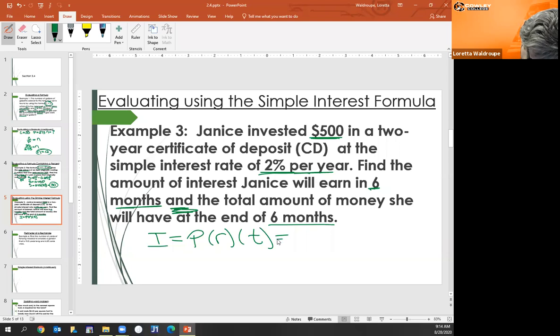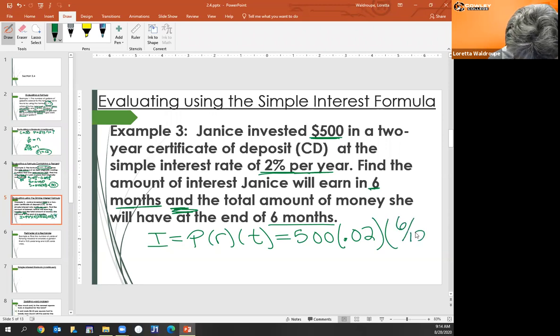So my principal is how much I invest, which is $500, times my rate, 2%, but I have to write it as a decimal, times my time, but time has to be in years, sorry. So to change 6 months to a year, I divide it by 12.